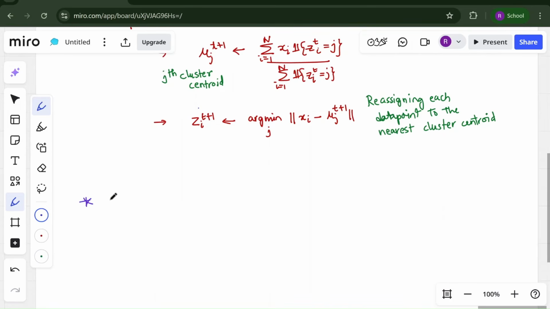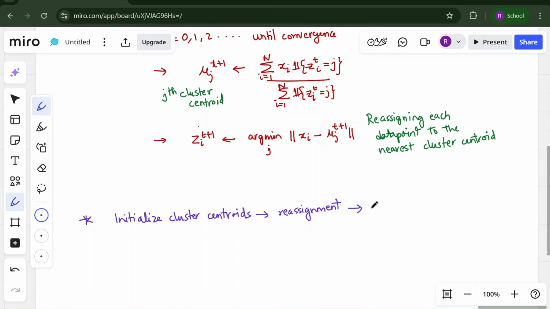So you can also initialize the cluster centroids, then you do the reassignment, and then you do the centroid computation.